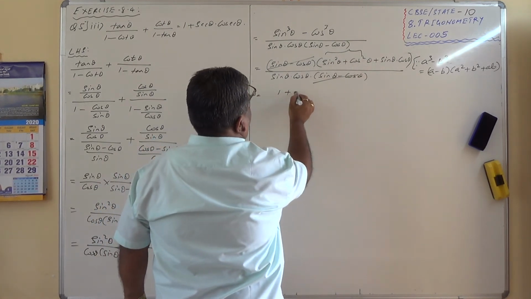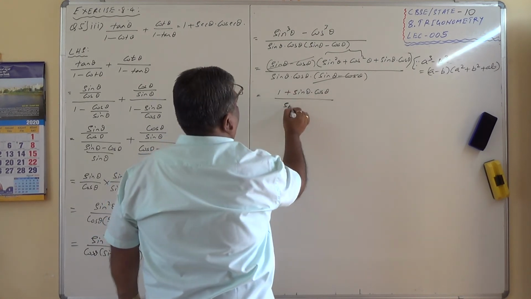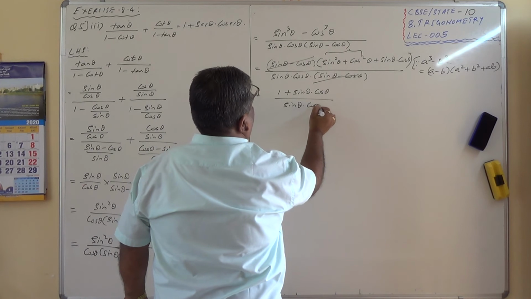So 1 plus sin theta into cos theta, the whole divided by sin theta into cos theta.